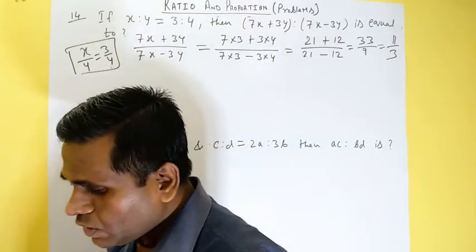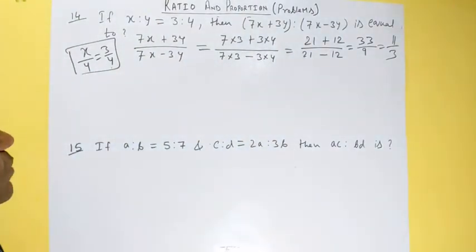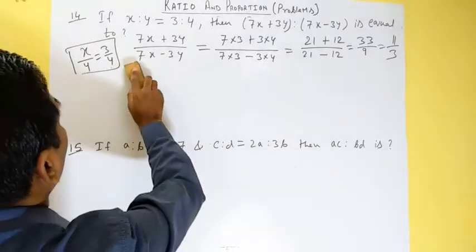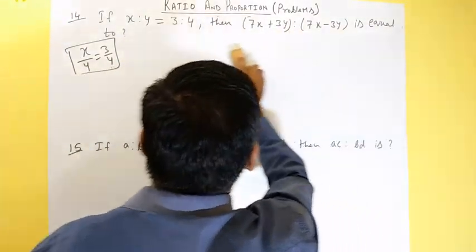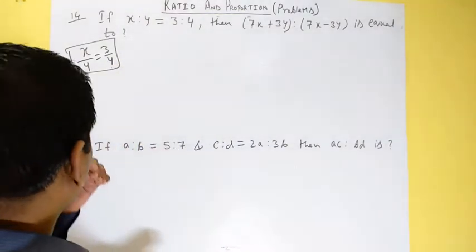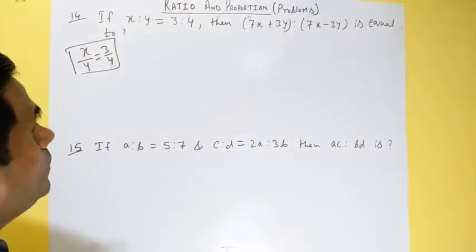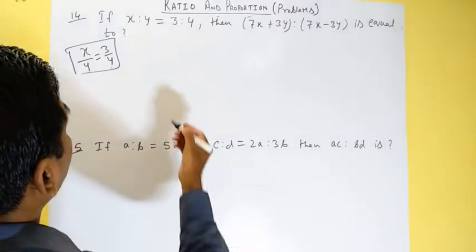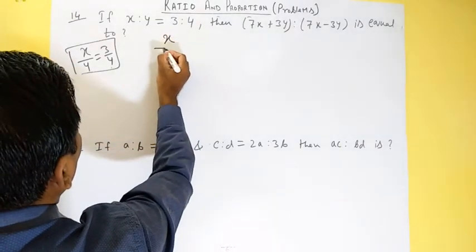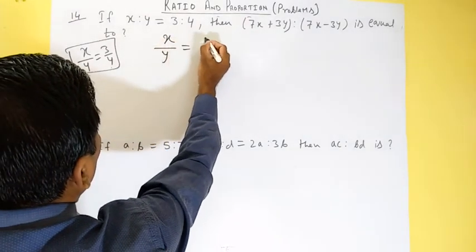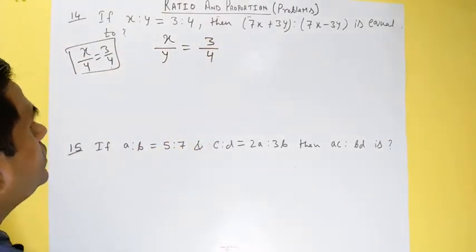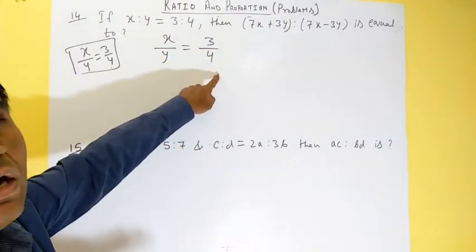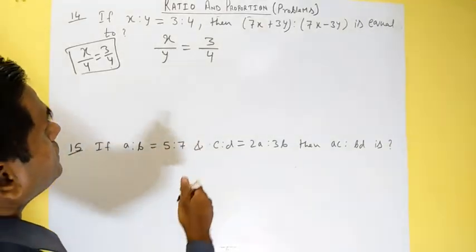Now what is the another way to solve this problem? Another way to solve this problem is we can use componendo dividendo rule of ratio and proportion. So here you can see we have x upon y is equal to 3 upon 4, right? So what we are going to do is, both sides we will multiply 7 by 3.